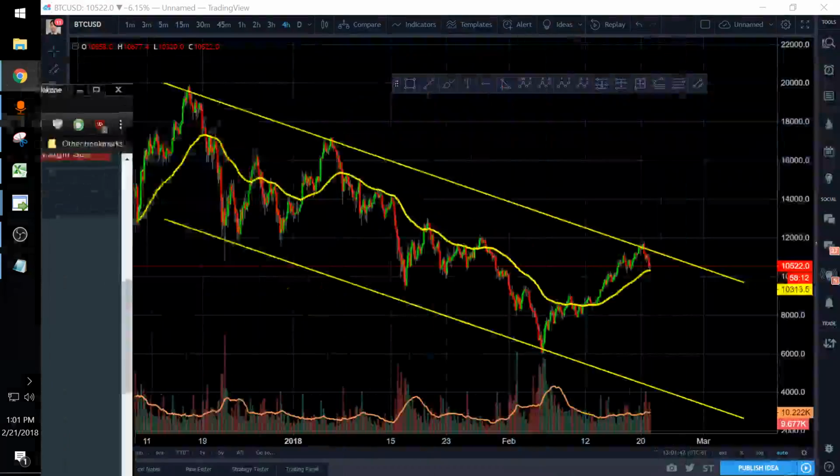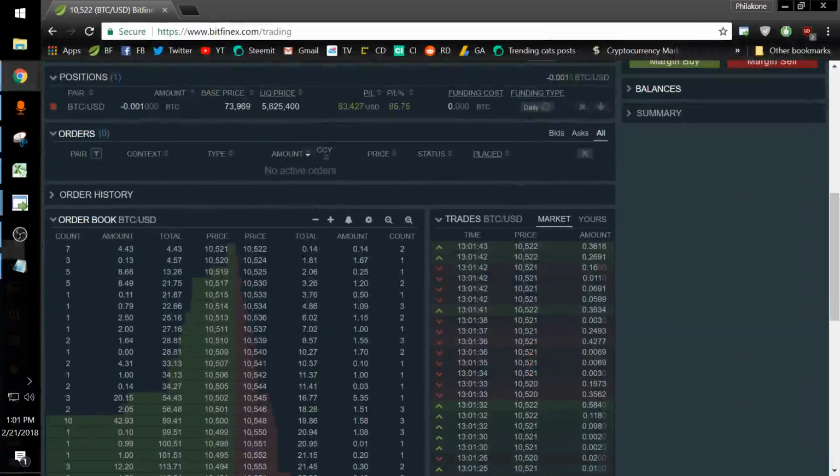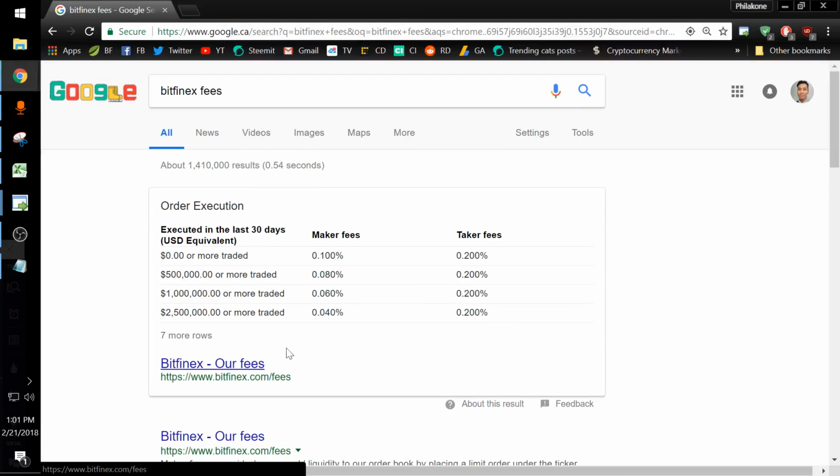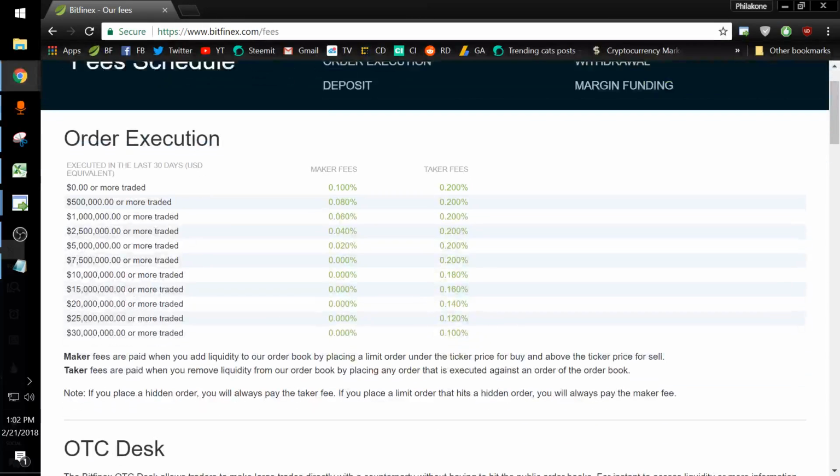If you guys actually go to Bitfinex fees, let me show you, in case you're curious. All right, here's Bitfinex fees right there. So if you trade a very specific amount, for example, here is the threshold: $7.5 million or more traded a month, your maker fee now becomes 0%.